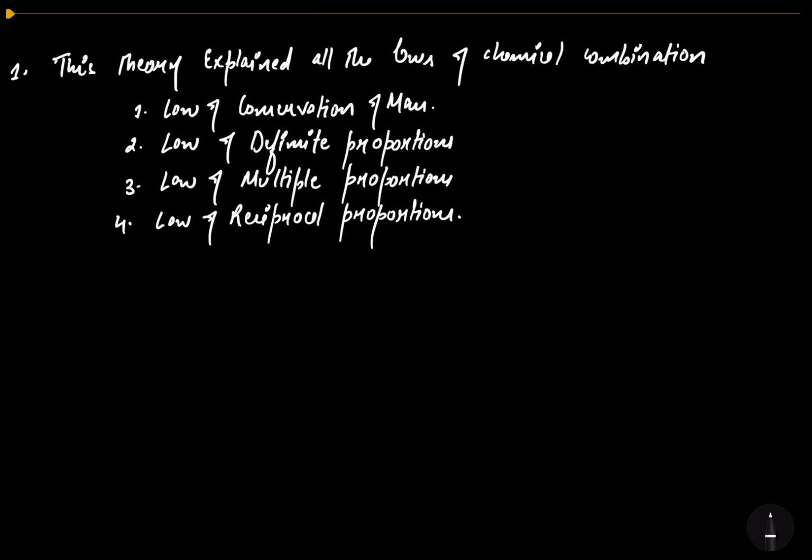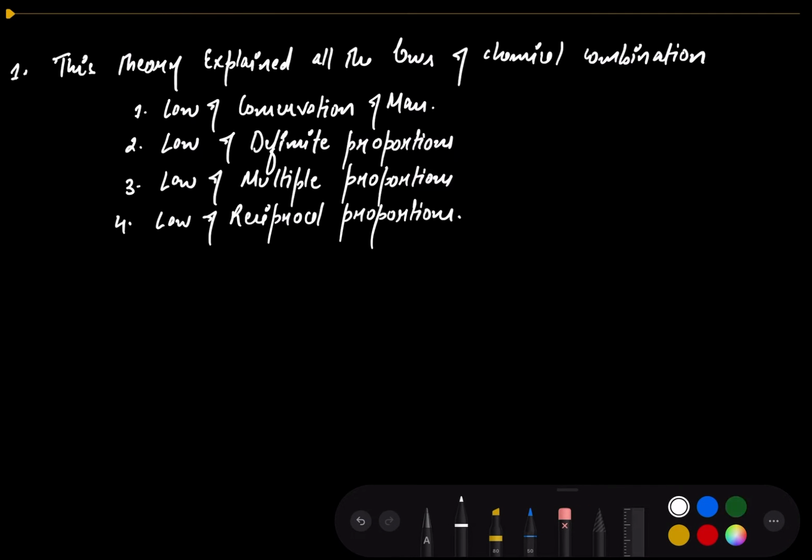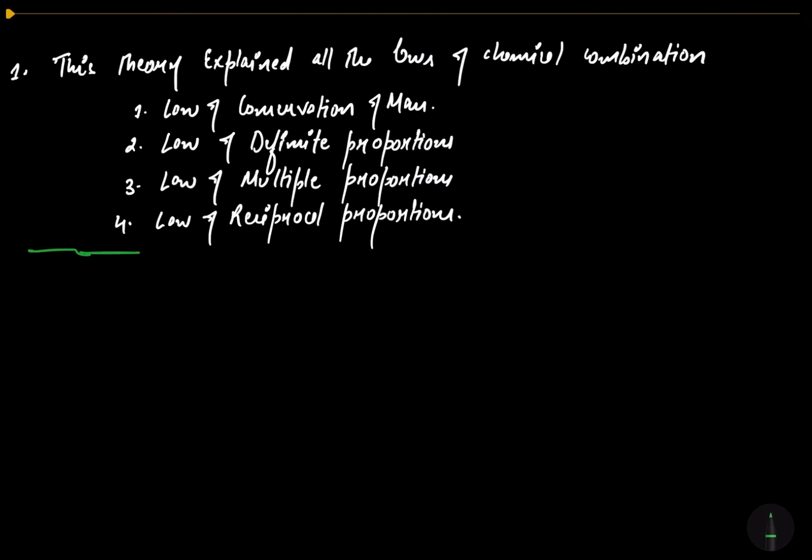My dear students, here one law is missing. Can anybody guess which law is missing? Please go back to my channel, all the topics are in a sequential manner. The fifth law, what was that? The fifth law was Gay-Lussac's law of gaseous volumes.